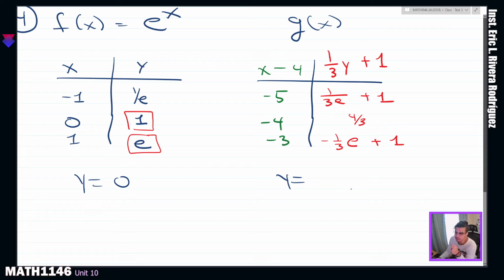Okay, there's one more thing. What happened with the horizontal asymptote? Do you think that the horizontal asymptote will change or will stay the same?